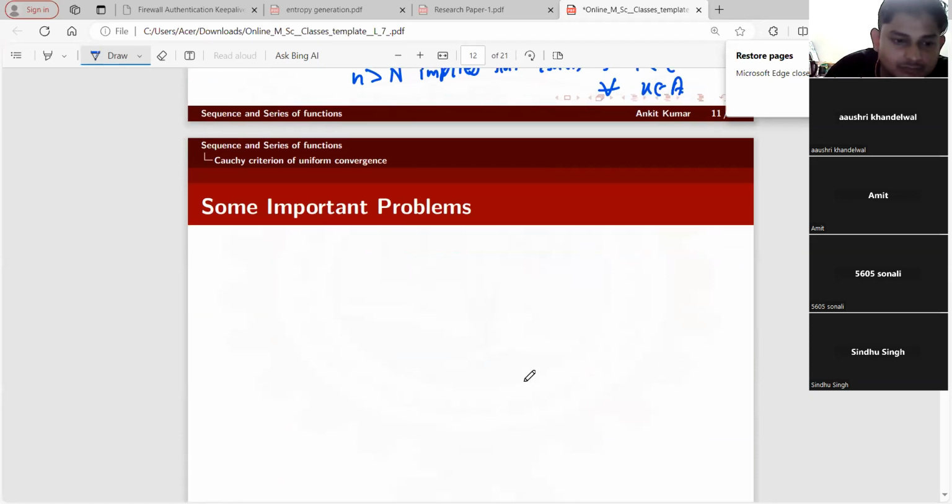Now the question is that the sequence f_n(x) equals x to the power n.